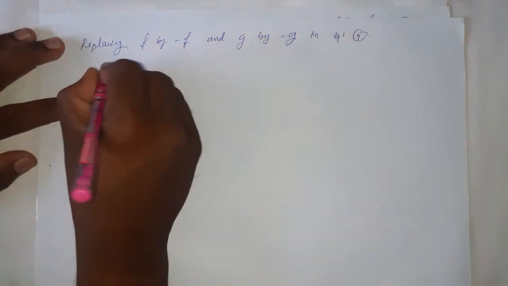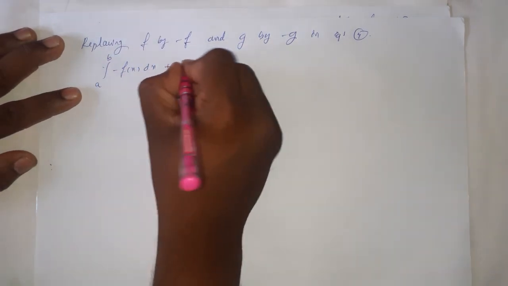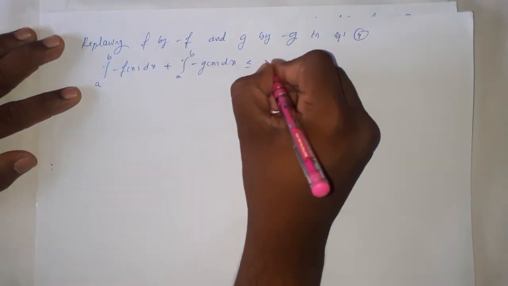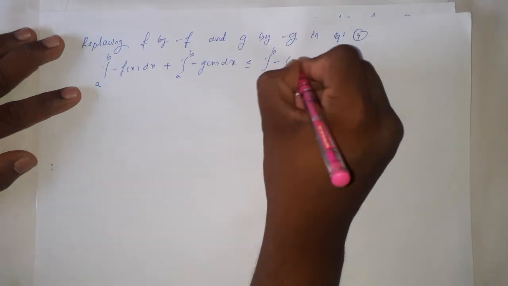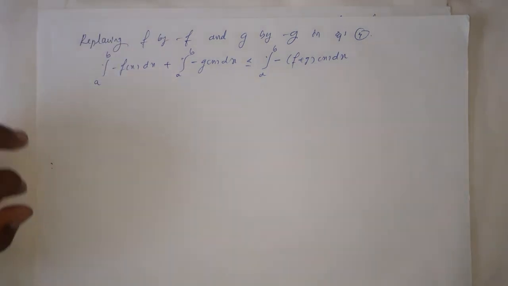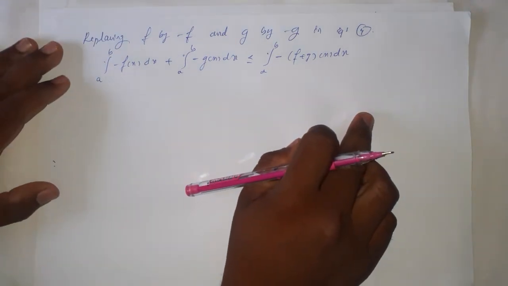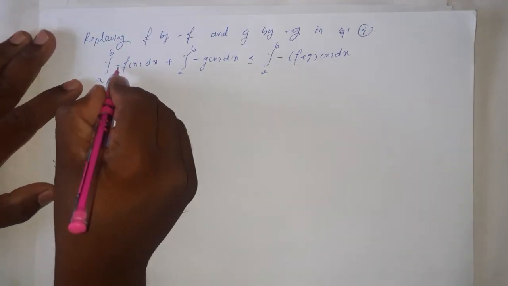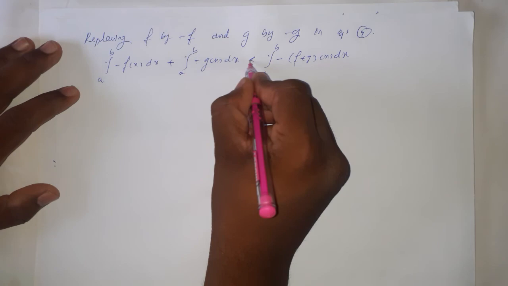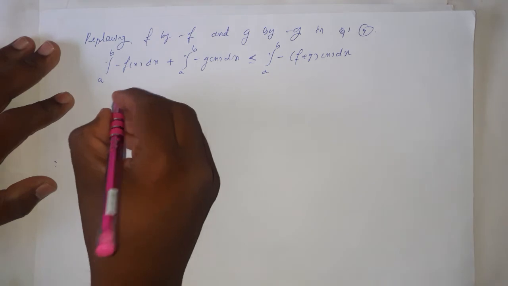So, that becomes the integration over a to b of minus f of x dx plus the integration over a to b of minus g of x dx is less than or equal to the integration over a to b of minus of f plus g of x dx. Now, multiply this inequality by a negative sign. Then minus of minus becomes plus, and the less than or equal to becomes greater than or equal to, because we are multiplying by the negative sign.